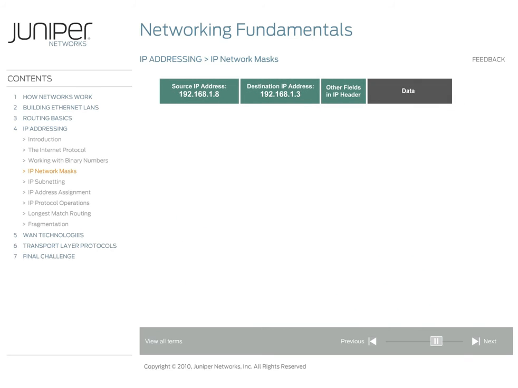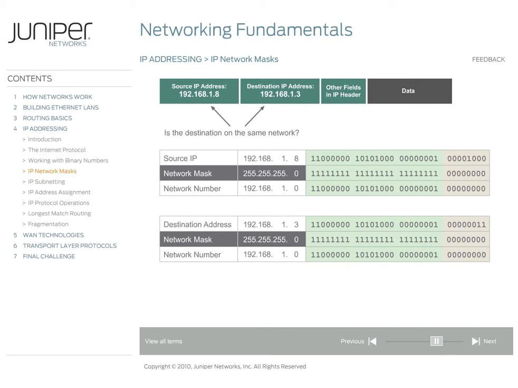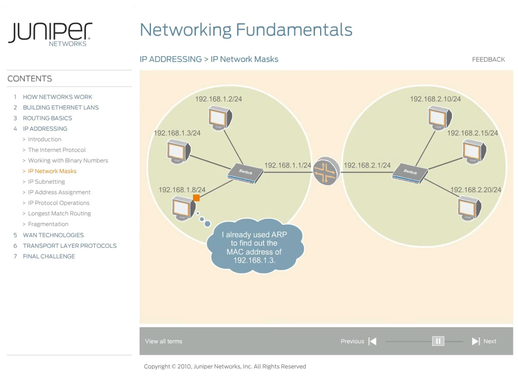Next, it uses its network mask to determine if the destination IP address is on the same network. If its IP address and the destination IP address have the same network number, which is the case here, it can send the data directly to that address. After the PC determines the destination PC's MAC address using ARP, it encapsulates the packet into a frame and sends the data to the destination.